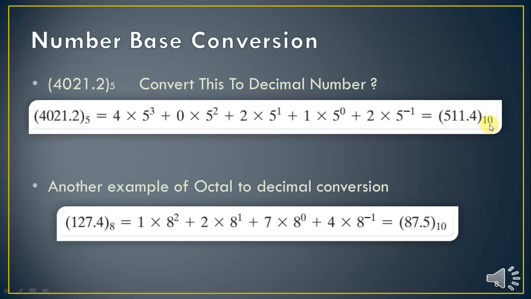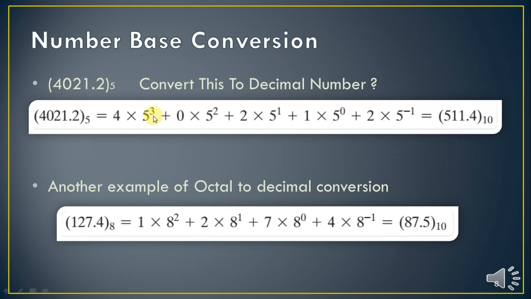But one main thing must remain in your mind: the digits to the right of the point will be multiplied with the radix to the power of minus 1, where the series of powers goes 0 1 2 3.